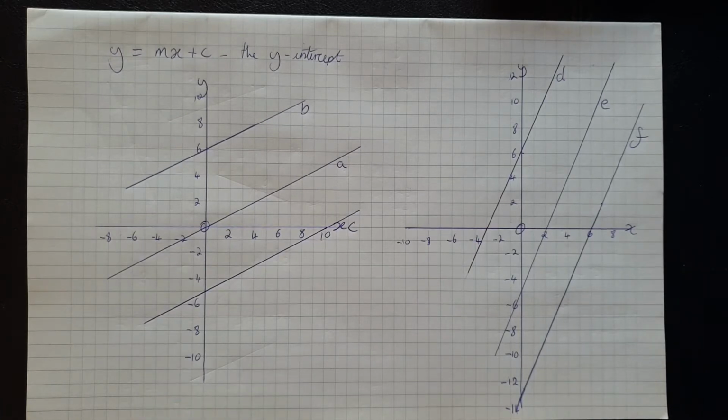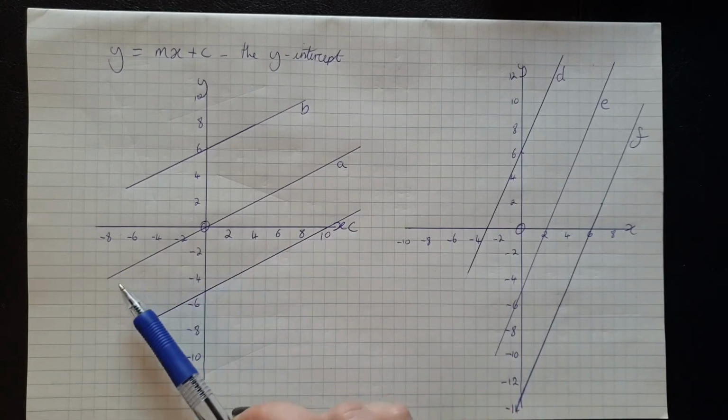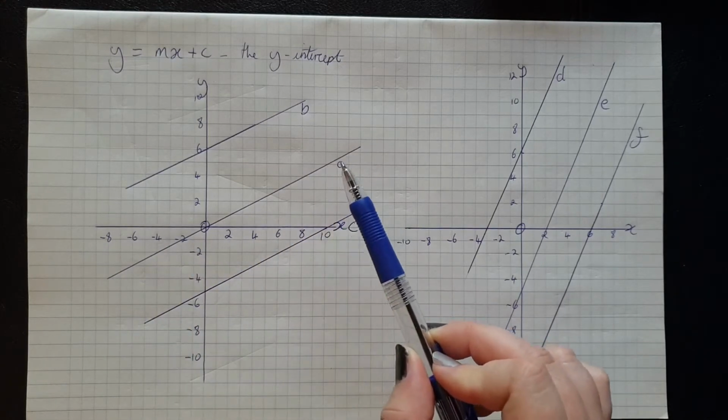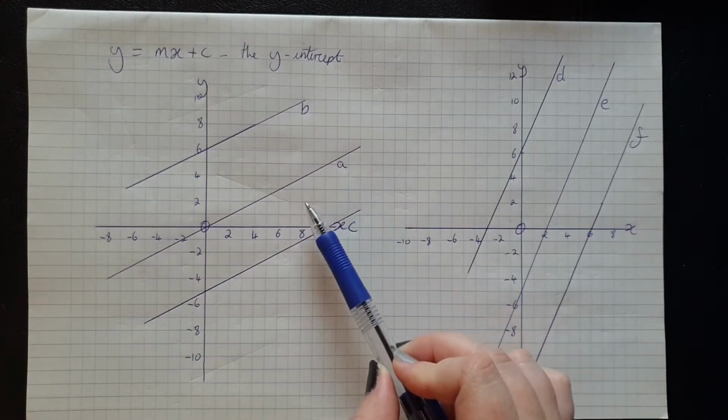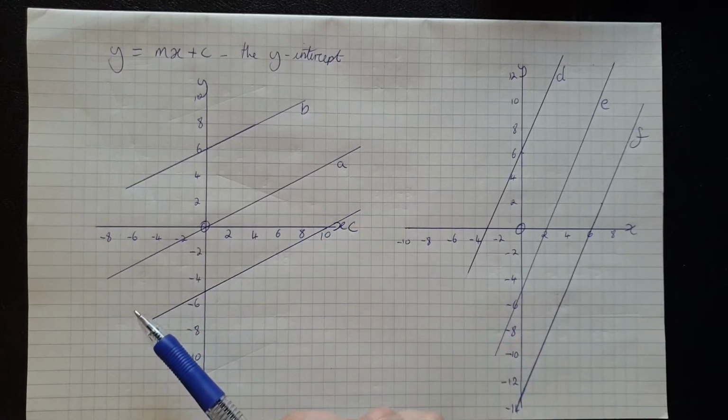Here I've got some graphs drawn on a traditional Cartesian grid. Let's have a look at graph A first of all. It's a straight line graph, so we can use the change in y divided by the change in x to find the gradient of this graph.